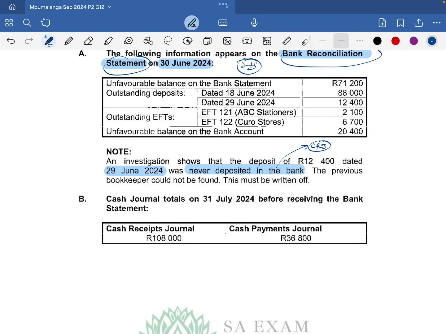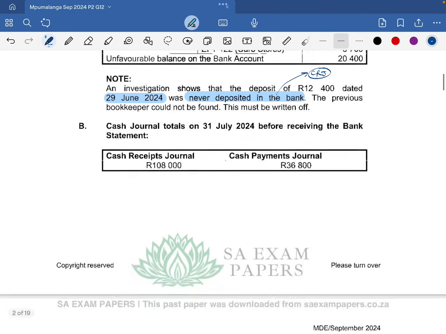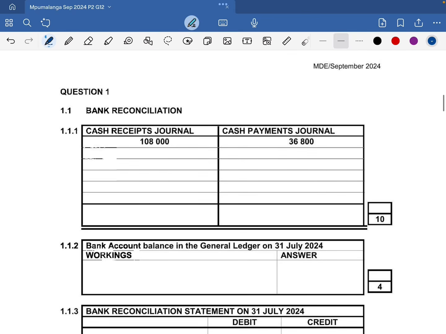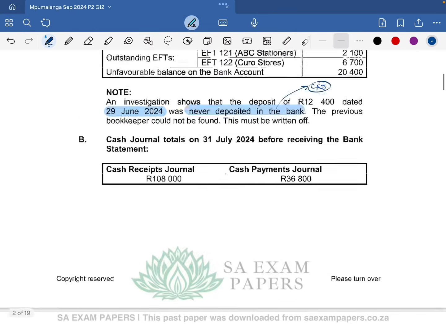And where do we write this off? We're going to take it away from the CRJ and put it in the CPJ. We didn't necessarily pay, but remember that when we want to decrease our receipts, we make it as a payment. So we're going to decrease this entry by adding onto our CPJ. We're going to put in there 12,400. Okay, and that's okay.